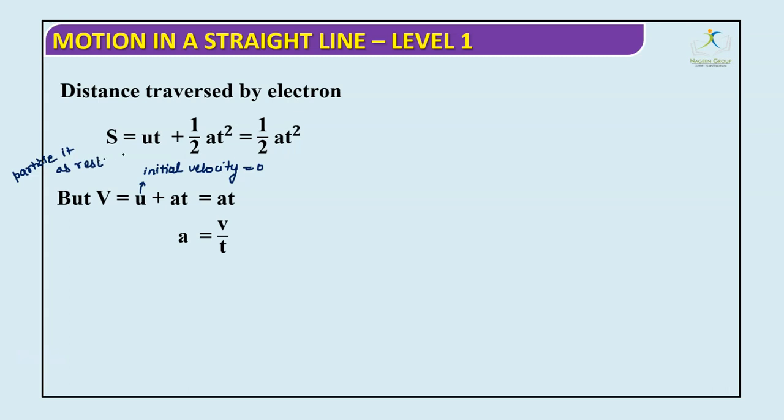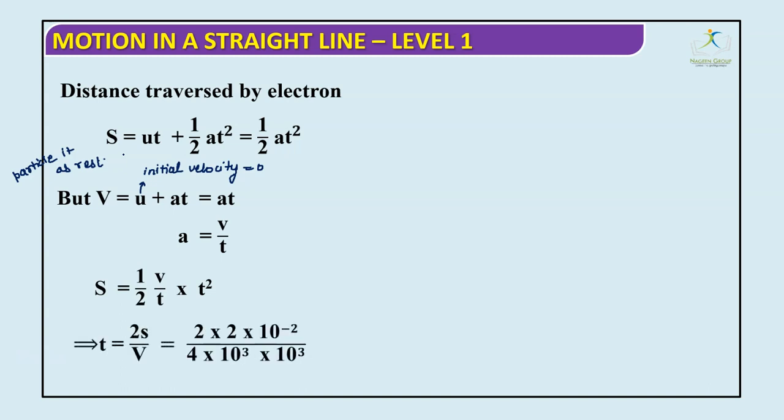So u will be 0 and we get v equals at. That means a is equal to v by t. s is equal to half v by t into t squared. So we get the value of t as 2s by v.